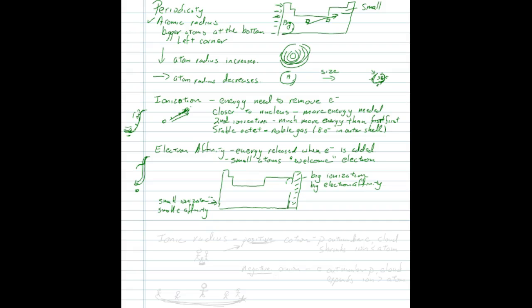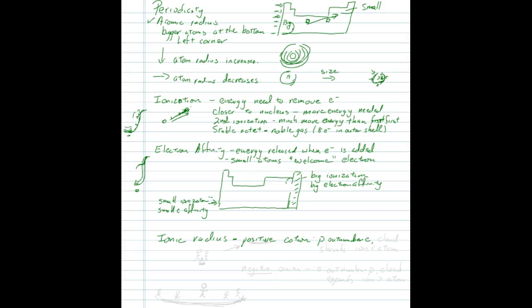And the last thing we're going to talk about is the ionic radius. The ionic radius means that if you have a positive ion or cation, you have more protons than electrons, so the protons outnumber the electrons.